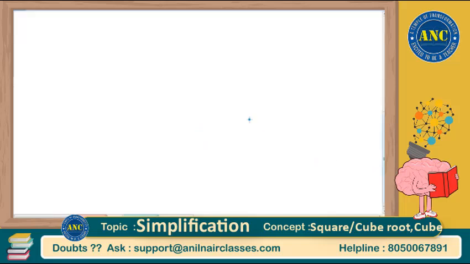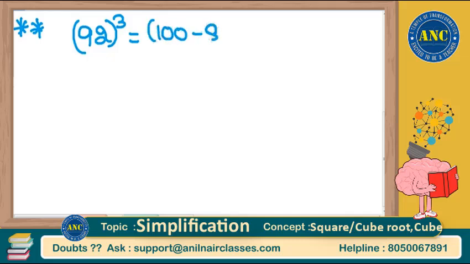Now, one last question in this concept. Beautiful question. Please put a star mark for this question, sir. Suppose I want to find 92 whole cube. 92 is 100 minus 8 whole cube. Base is 100, which is 10 power 2. x value is minus 8.